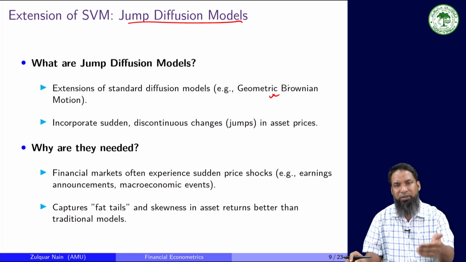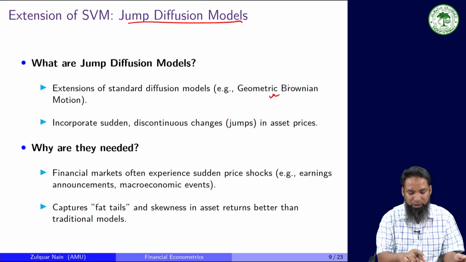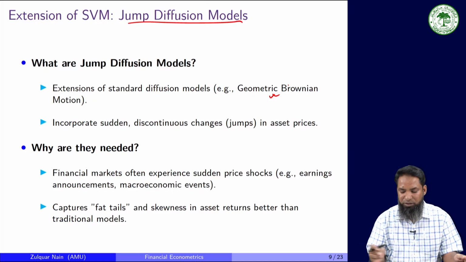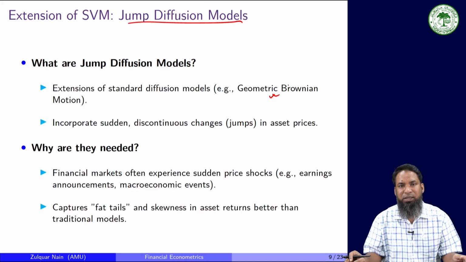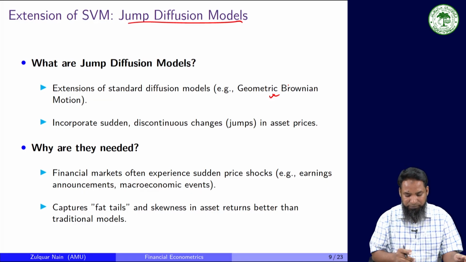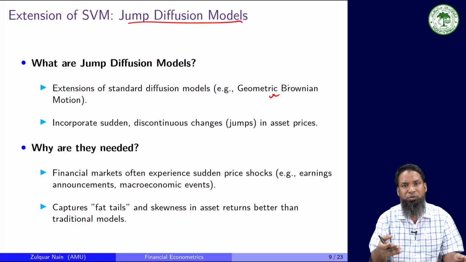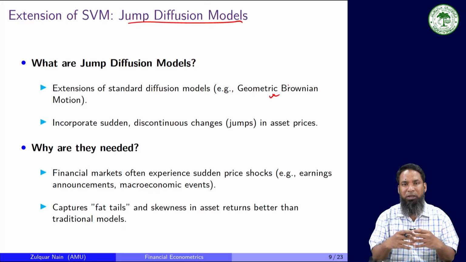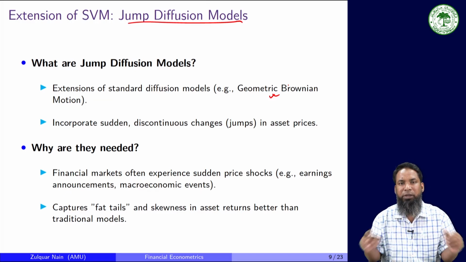If you modify that, then it becomes a jump diffusion model. So what modification are we doing? Basically, we are incorporating sudden and discontinuous changes into this diffusion model. For example, in asset prices, if there is an earnings announcement, we can see there will be a jump in the prices. It could be either a positive or a negative change, depending on the market view about the earnings announcement.